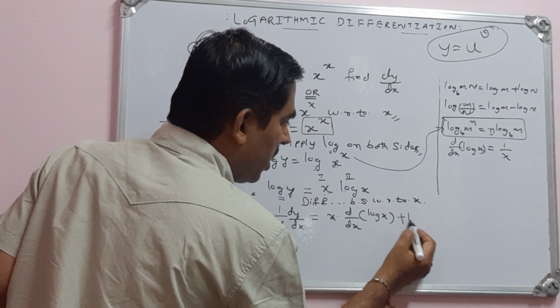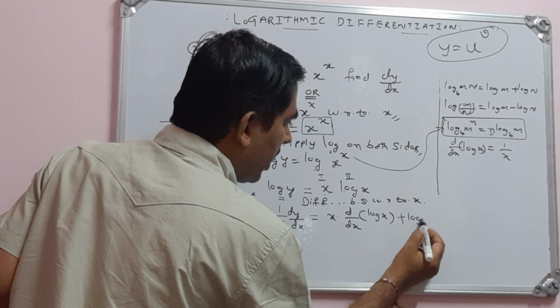Plus the second function, log x, into the derivative of the first function. This is the product rule, the basic rule we have discussed earlier. So x into the derivative of log x, which is 1 by x, plus log x as it is, into the derivative of x with respect to x, which is what?